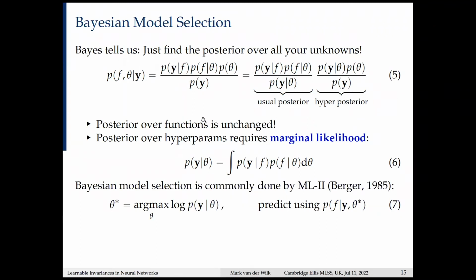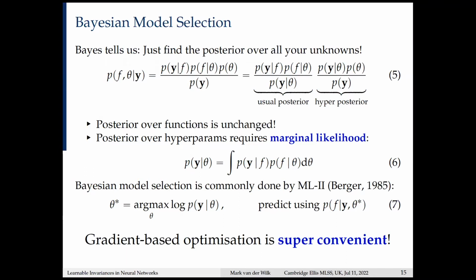The way that Bayesian model selection is commonly done in practice is that we just maximize this marginal likelihood with respect to our hyperparameters and then predict using the posterior. But the key thing to notice is that Bayesian inference is telling us to maximize a different objective function to the normal training loss, which we usually minimize. And the really cool thing about this method is that if you can at least compute this marginal likelihood, then you can use gradient-based optimization for it, which is super convenient.